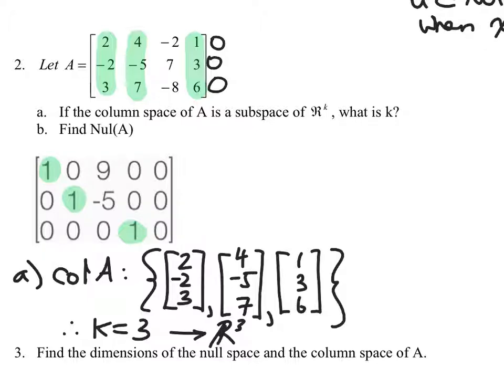Now, generally, the number of rows will dictate the number of vectors that make up your column space. The problem with relying on that relationship is some of the sneakier questions that you can see when you're dealing with row reduction. Like, what if one row is just a scalar multiple of another?